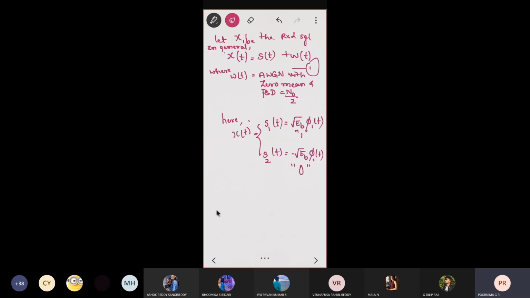Okay. Now let us assume, moving forward, that symbol 0 is transmitted. Then the output of the correlator, how do you write?